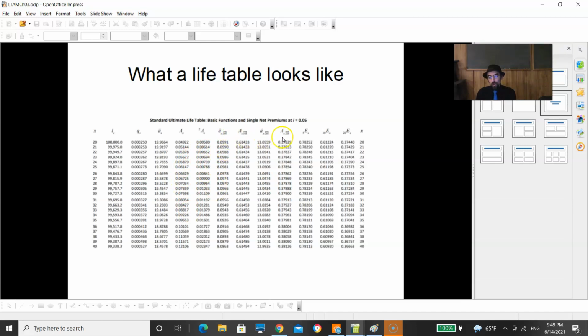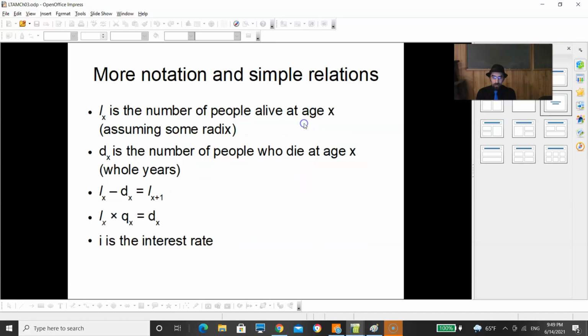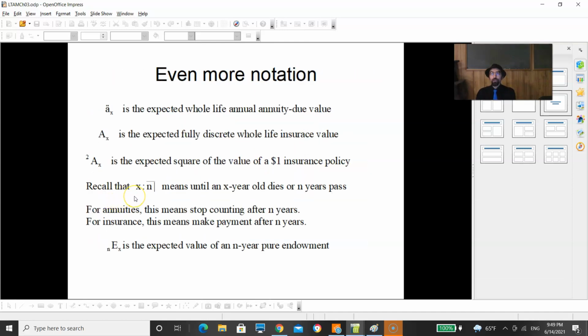These next four columns, where you have both a number without an angle and a number with an angle, what does that mean? Well, if you remember when we were talking about curtailed expectation of life and complete expectation of life, we said that x colon angle n means stuff happens until an x-year-old dies or n years pass.